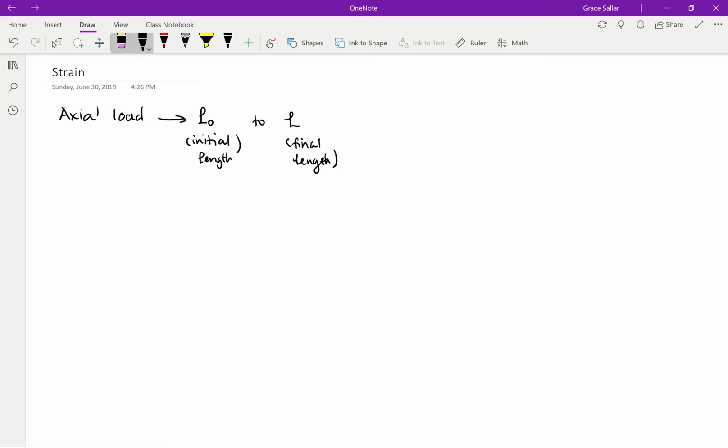So average normal strain, and this equation is important because we're going to use it over and over, is your final length minus your initial length over the initial length, or delta L over L naught. Simple as that.